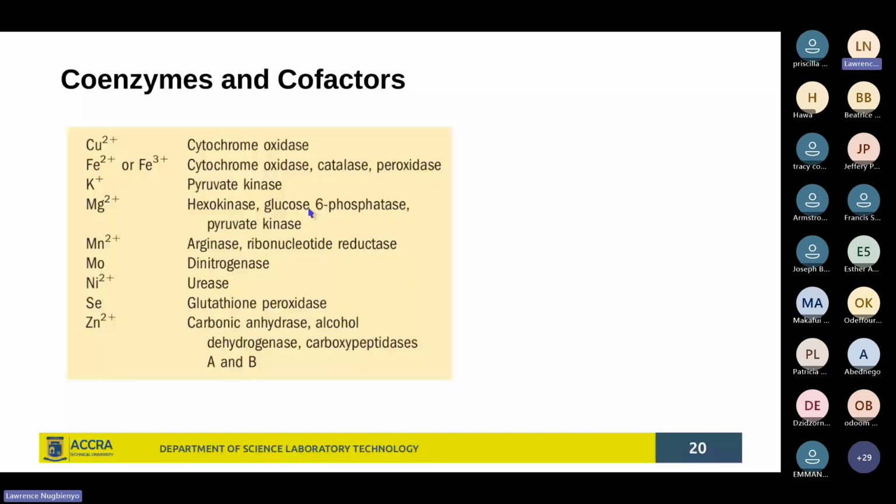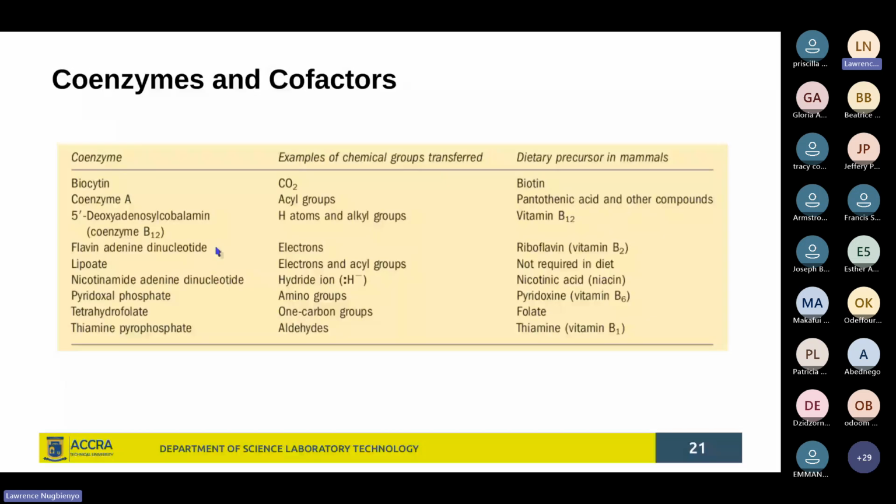So on and on, you see these examples of metals: manganese ion, molybdenum ion, nickel ion, selenium ion, zinc ion. All of these are acting as cofactors to different enzymes.